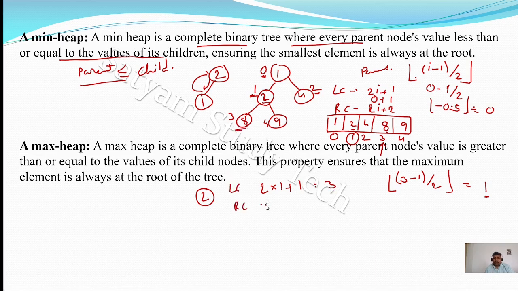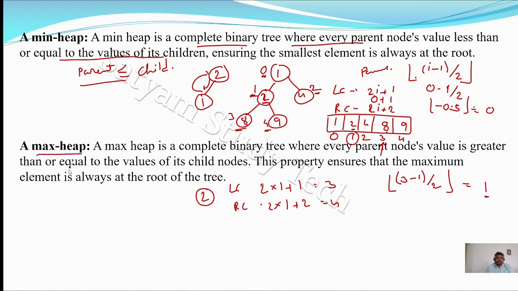For the right child, 2 into I value 1 plus 2, that is equal to 4. So this is the right child. Okay, like that you have to find out the parent of any I, and also the left child and right child of that particular node.